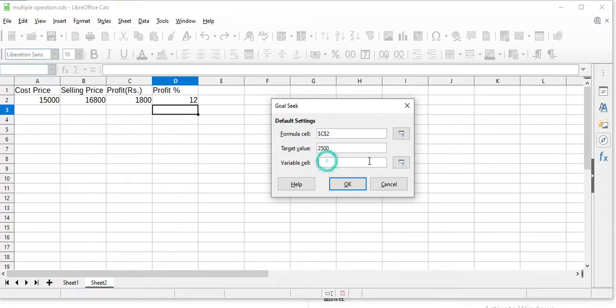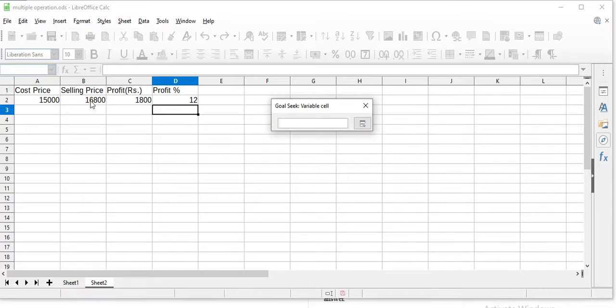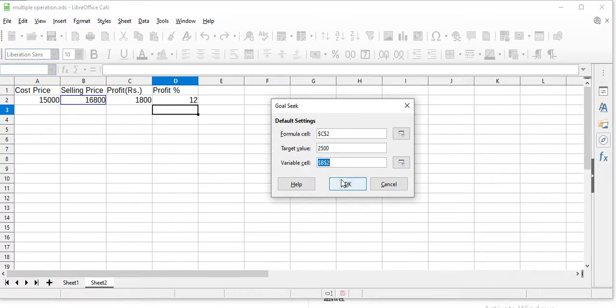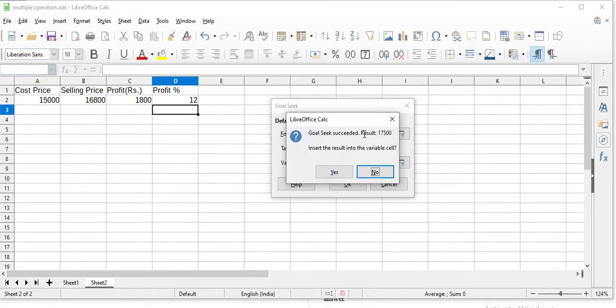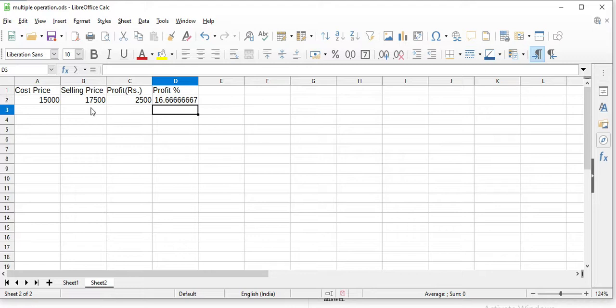The variable cell should be the selling price. Click OK. You will see that to have that much profit, your selling price should be 17,500. If you are okay with that, you can click Yes. So your selling price will change according to your profit goal, and you will see your percentage also. Like that you can do different goals.